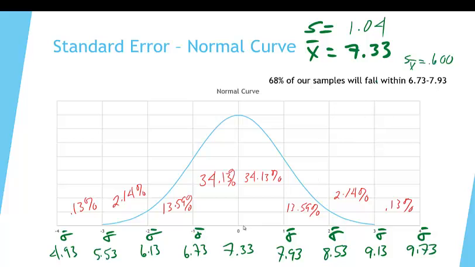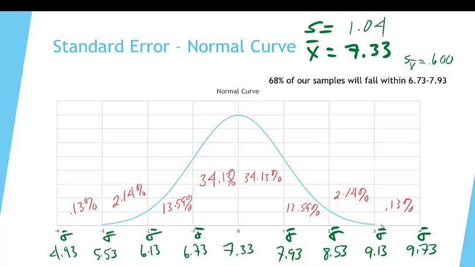So looking at our set of numbers, then we can suspect that whatever sample we get, it's going to fall within this normal curve, and that it would be pretty extreme to get a sample that had a mean of 8.5 or greater. Really be extreme to get samples that had a mean of 9.13.